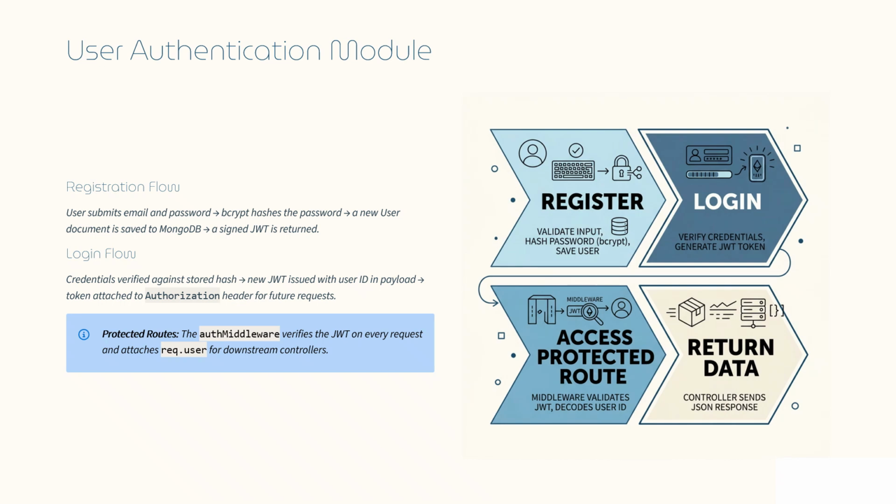When a user logs in, the system verifies the credentials and generates a JWT token. This token is then used for accessing protected routes. Authentication middleware checks token validity on every secure request and ensures only authorized users can access resources.